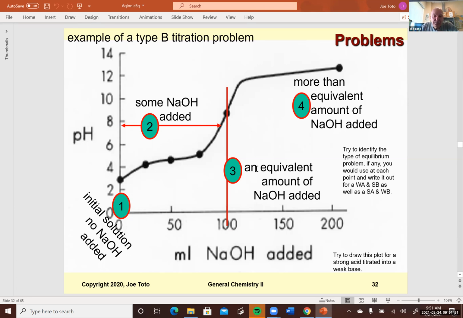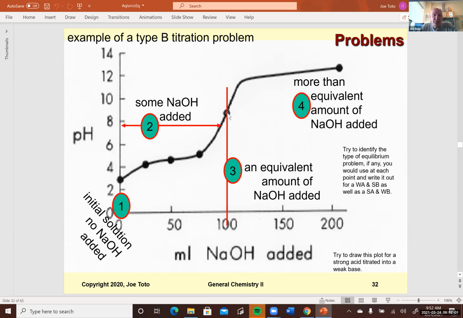Now, the third point in these problems is right at the equivalence point. That's when an equivalent amount of acid has been reacted with an equivalent amount of base. Now notice that I'm careful and I say equivalent and not equal. It's equal if the reaction between the acid and the base is 1-to-1.